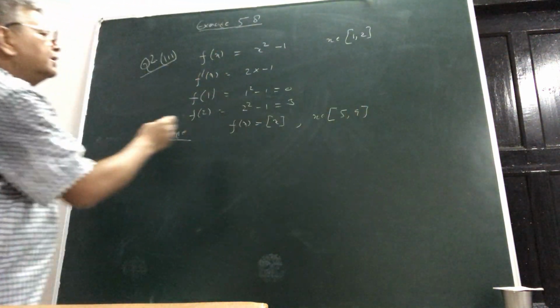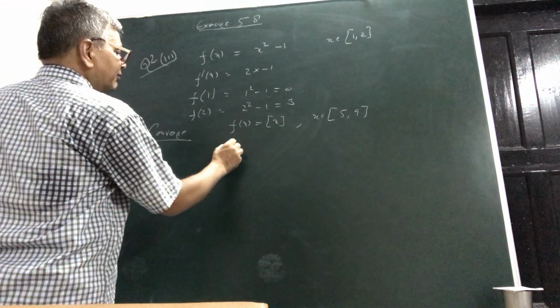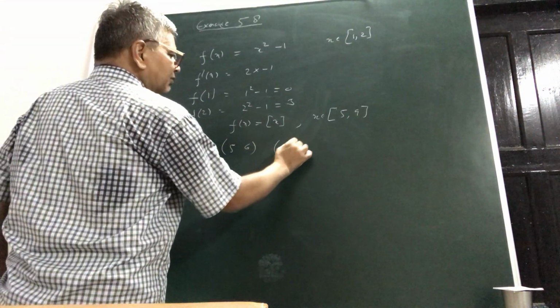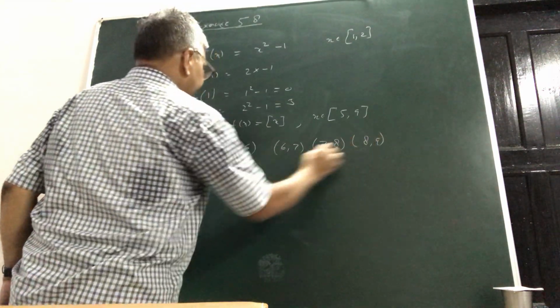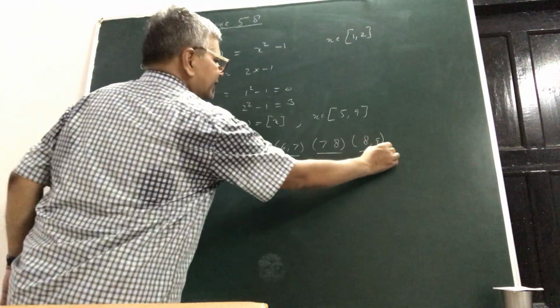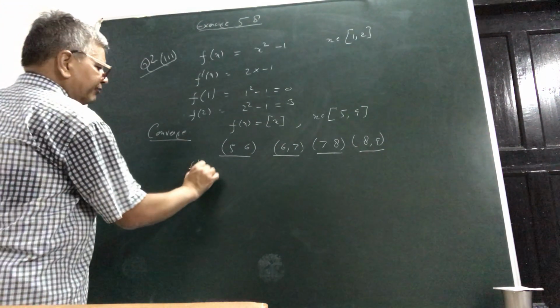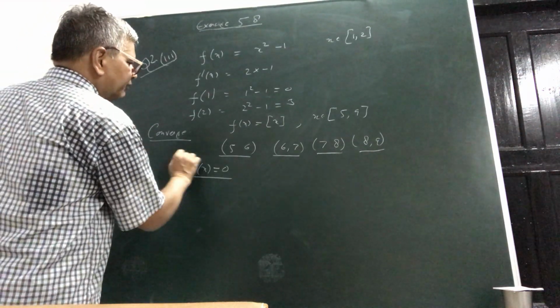Now here, if you look in the open interval 5 to 6, or 6 to 7, or 7 to 8, or 8 to 9, if you take any of these intervals and find the value of f dash x, it will always be 0.